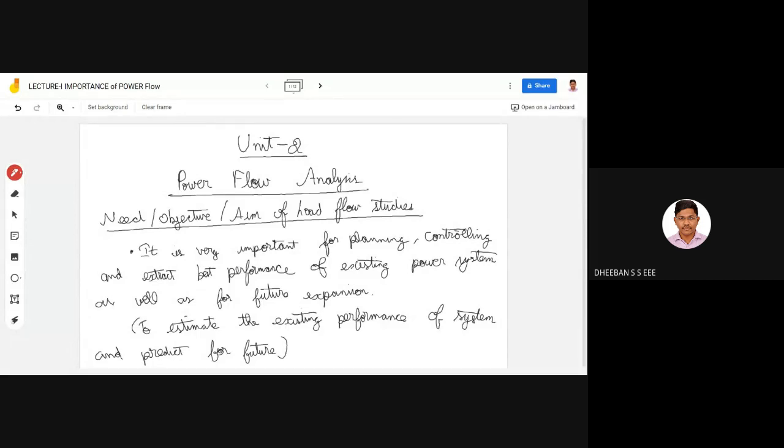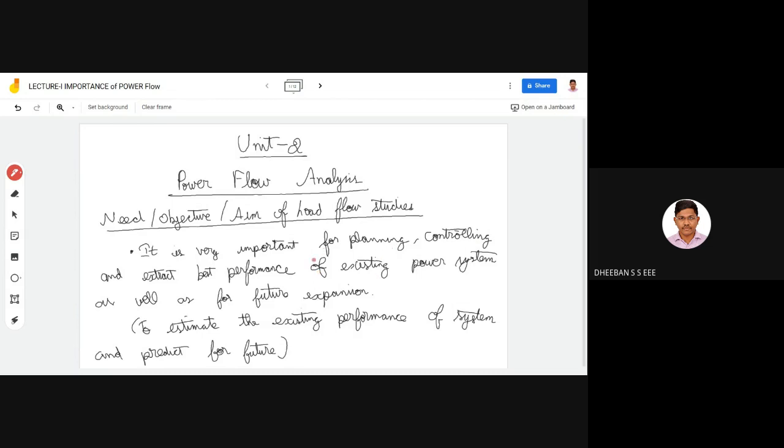Okay, so with respect to this, we'll first be getting into the objective or the aim of the load flow study. Okay, and over here, it is very important for planning, controlling, and extracting the best performance of the existing power system.